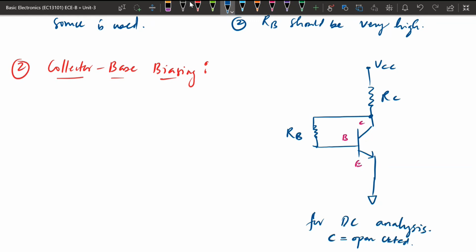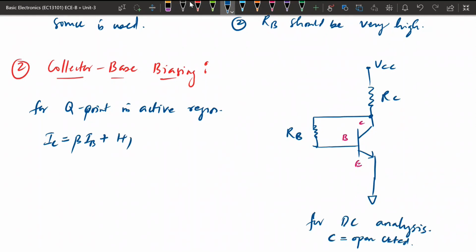So now here we are going to define the active region. For calculating the Q, or quiescent point, in the active region, we can get the equation. This is the common emitter case, so IC will be given by beta times IB plus 1 plus beta ICO.